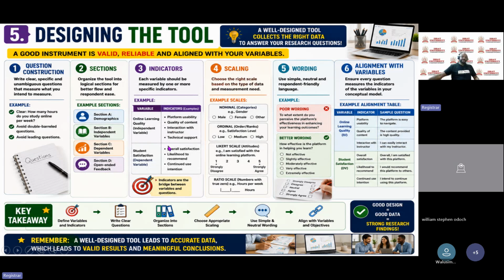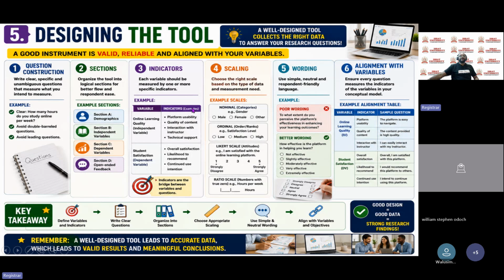Now, my dependent variable, student satisfaction, we can check the overall student satisfaction, likelihood the student recommends this platform to a second student, and the continue-to-use intention. These are the indicators that show the efficacy of the platform. So once you get these indicators, now you have to see what is the scale.